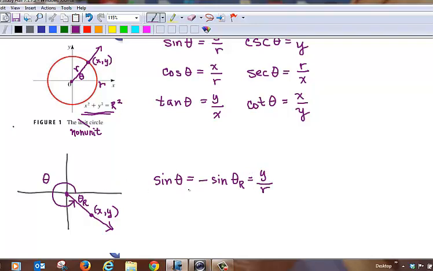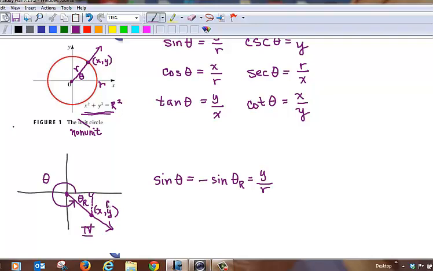I can use a little right triangle here, a reference triangle, along with this reference angle, and figure out the sine of the reference angle. I know the sine of theta is going to be the negative of that, because sine is negative down here in this fourth quadrant.